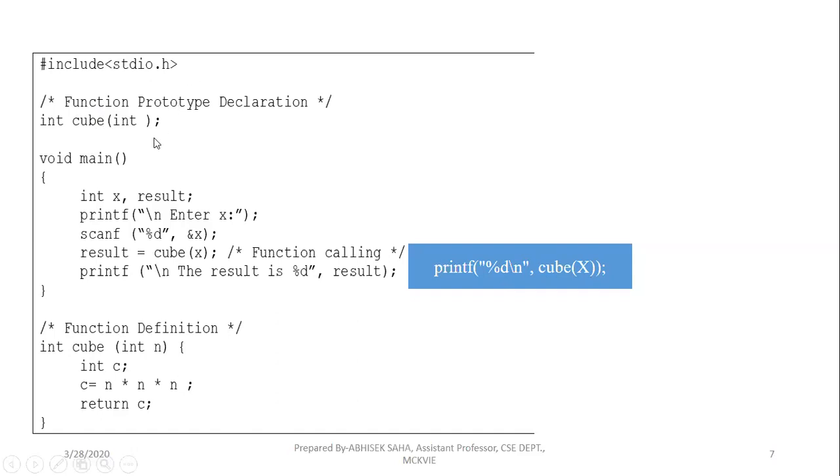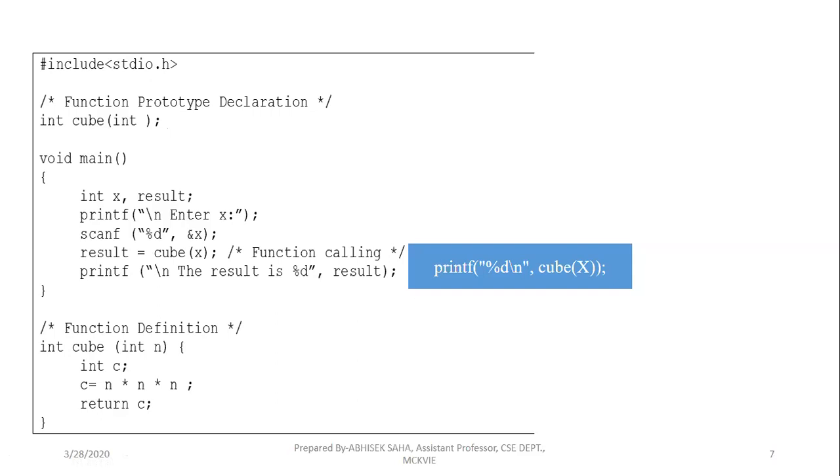So now your question may arise, where do we declare our function. After the line of header files all the time?